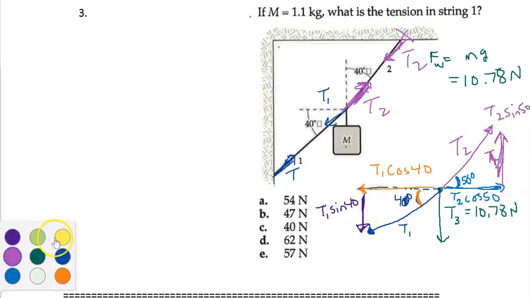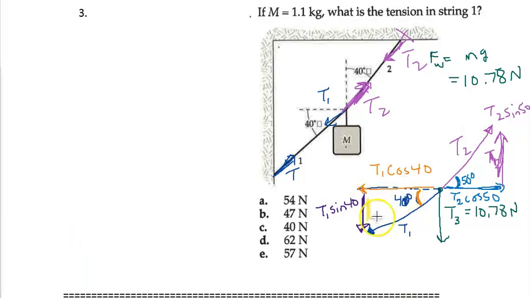Okay, so a little bit tricky. Hopefully your drawing is better than mine. Again, we have 1, 2, 3 up and down forces and 1, 2 left and right forces. All right, so let's do our left and right forces because there are fewer of them. The forces are balanced.